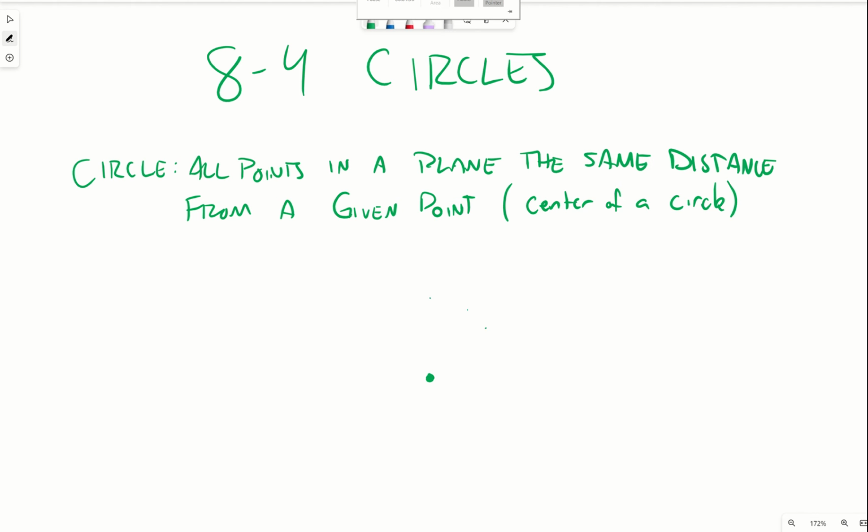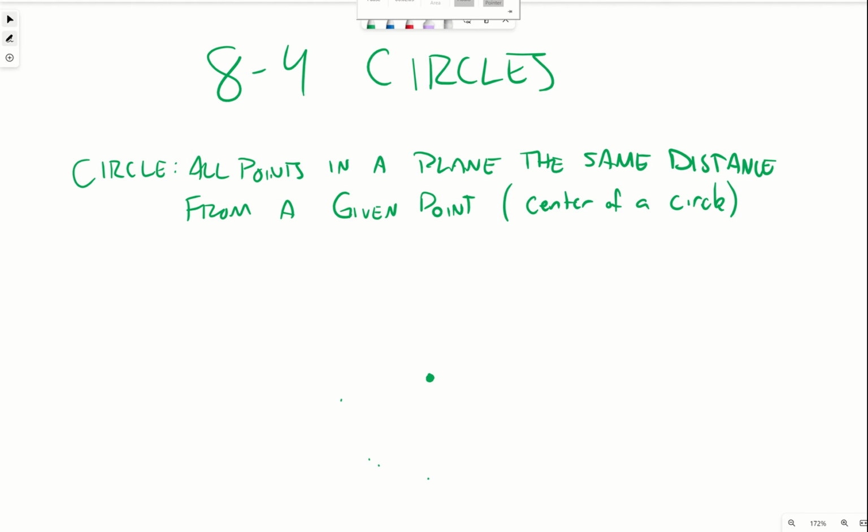Every point that's 2 inches away from that center point, and there's infinite of them, every point that exists on that plane will be what makes up a circle. So a circle is made up of all the points that exist around that point. So that is a circle.